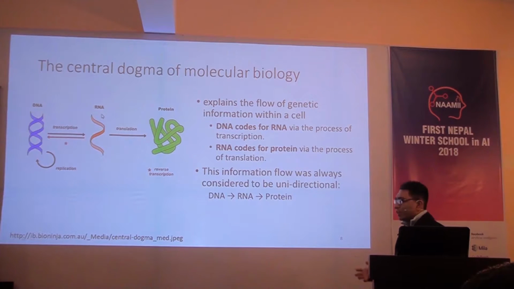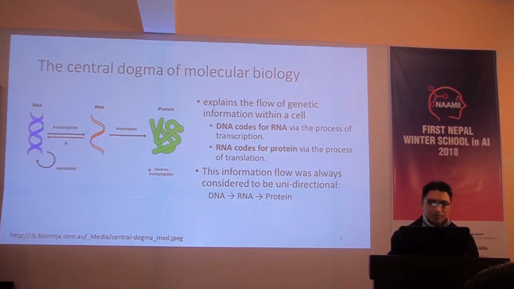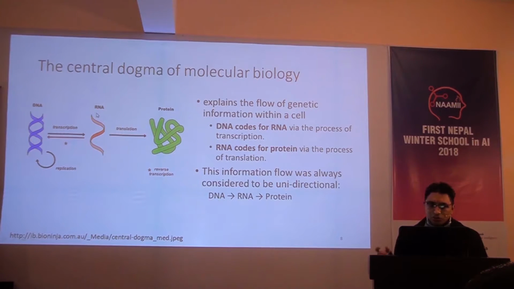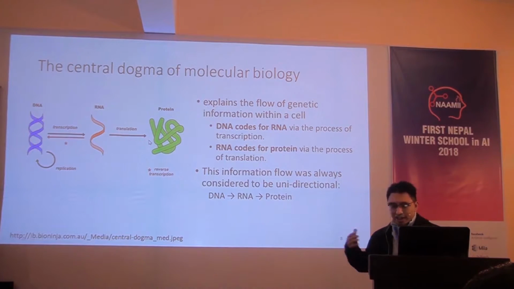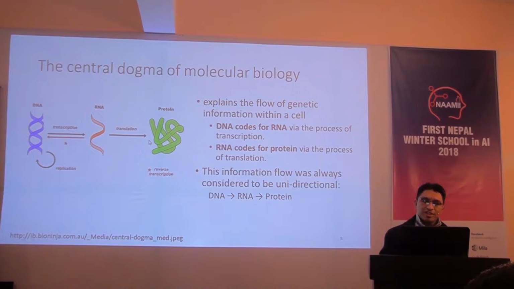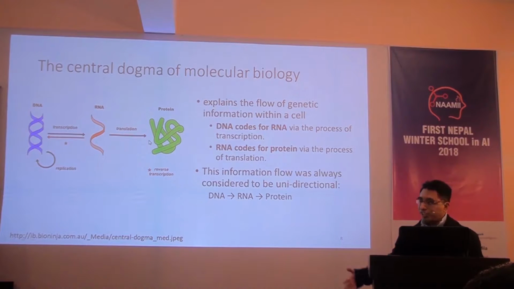This is very similar to DNA, but it is single-stranded. This RNA actually controls which genes turn on and which genes turn off. Then the RNA, in turn, produces protein, and protein carries out a particular function. So the information flow is unidirectional, from DNA to RNA to protein. This is an essential concept in molecular biology, right?